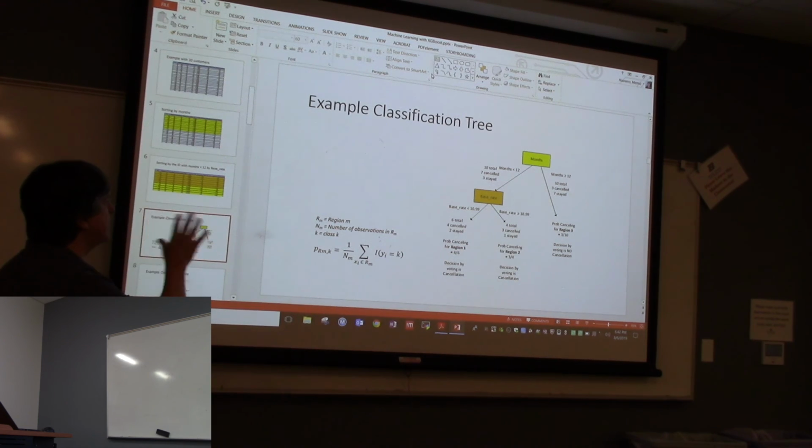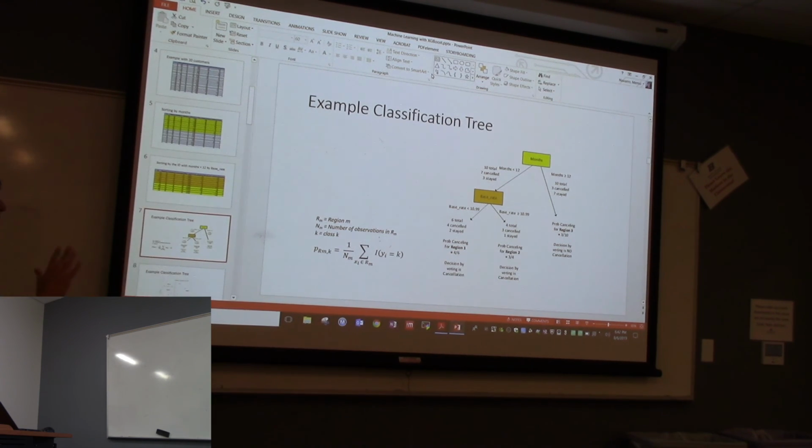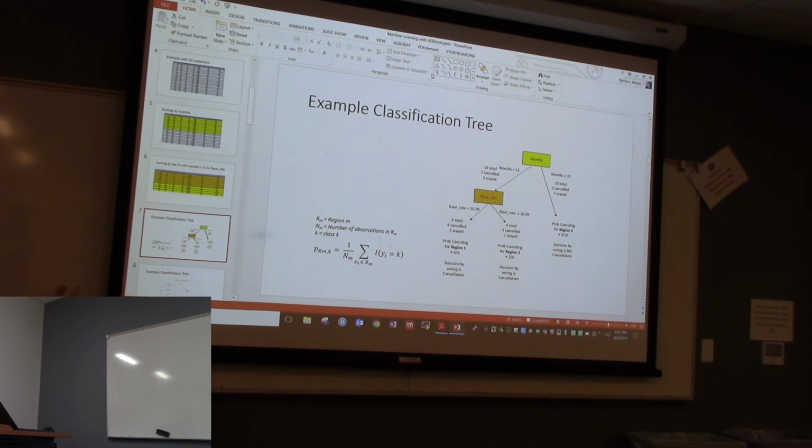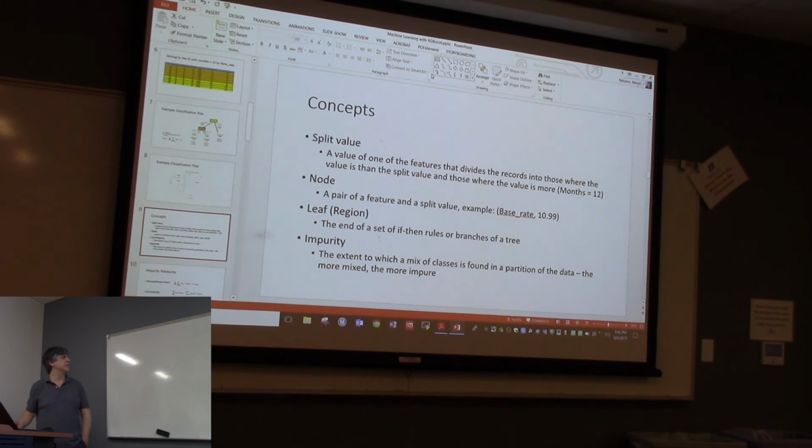This is what I was trying to show here for people who haven't had the opportunity to work with classification trees or decision trees, to have an idea how they work. If there are no questions, great. Continue with some concepts.